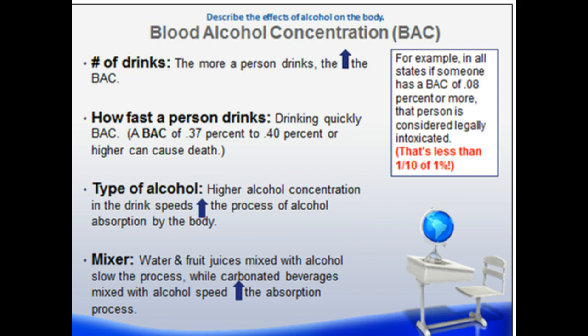The type of alcohol you drink also has to do with BAC. Higher alcohol concentration in the drink speeds up the process of alcohol absorption by the body. Mixers: water and fruit juices mixed with alcohol slow the process, while carbonated beverages like sodas mixed with alcohol speed up the absorption process.